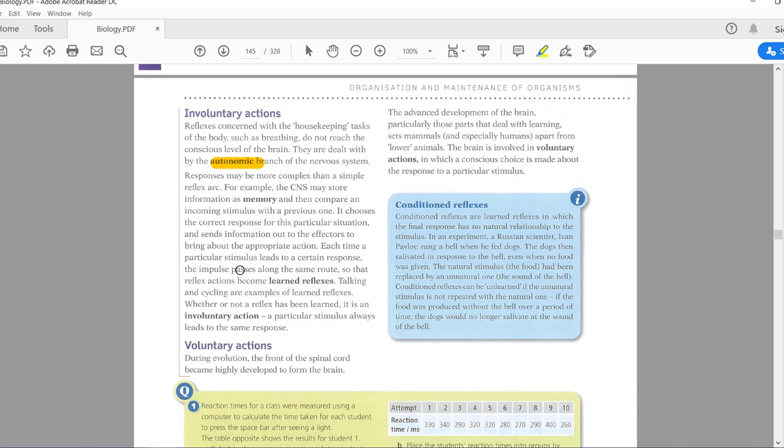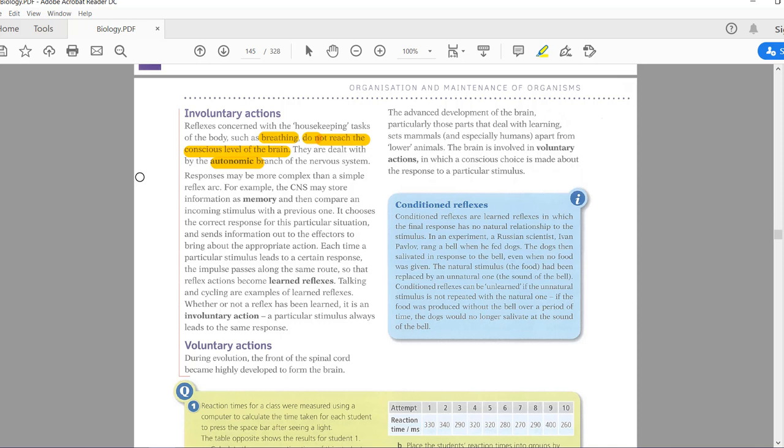Example, like breathing. Reflexes concerned with the housekeeping tasks of the body, such as breathing, do not reach the conscious level of the brain.